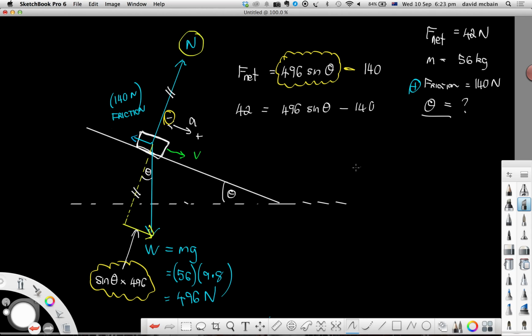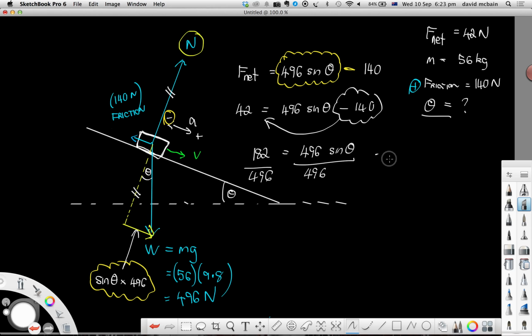Now we need to work out what theta is. I'm going to move the 140 to the other side of my equation by adding it. So 140 plus 42 is 182, so 182 is equal to 496 times the sine of theta. Now I'm going to divide both sides by 496 to get the sine of theta on its own.